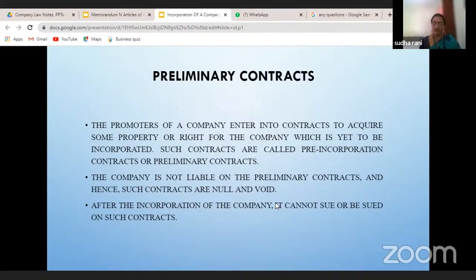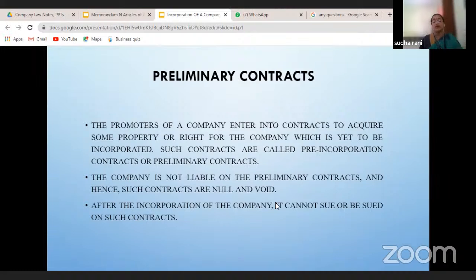The promoter spends everything. Whatever contracts are entered, agreed upon, and negotiated before incorporation, before its legal existence, the company is not liable for those contracts. Null and void doesn't mean that they will not pay.